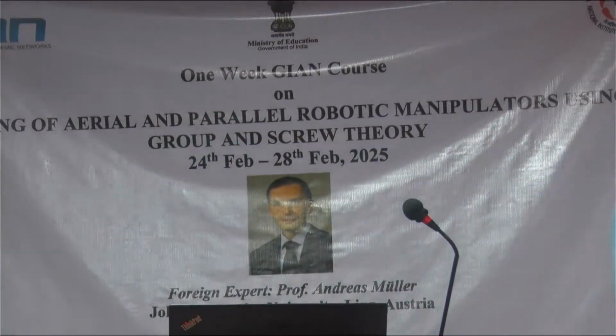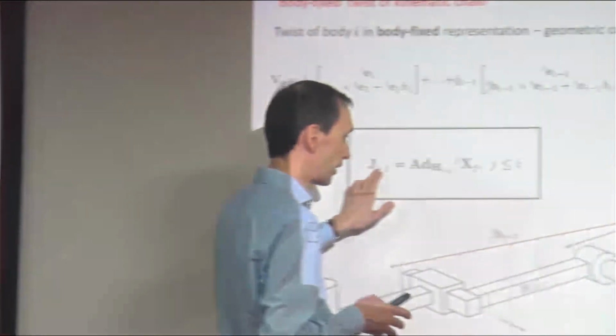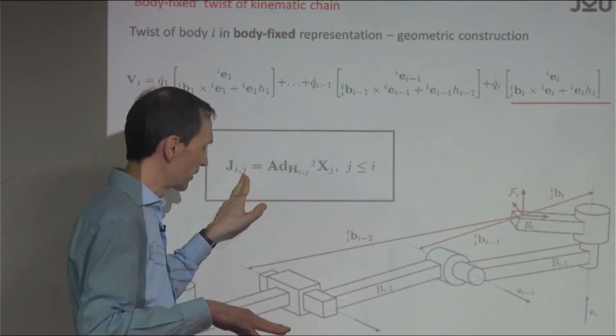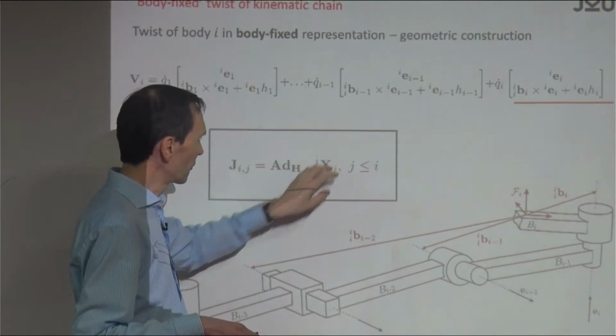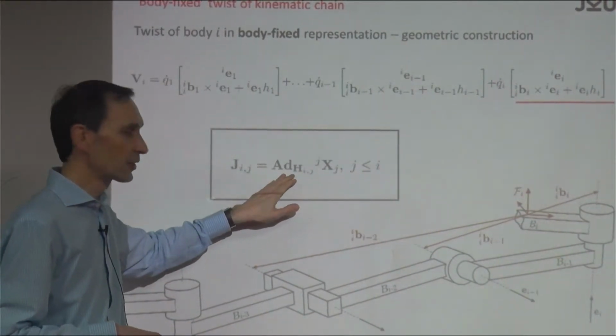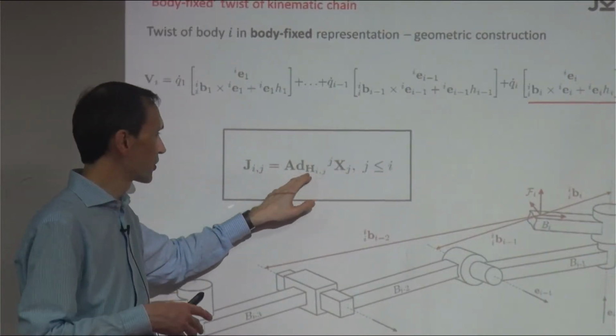Essentially, we take the body fixed screw coordinates of joint J to get the column J of the Jacobian of body I. So for the body I Jacobian, column J, I have to take the screw coordinate of the joint J, and then transform it according to this homogeneous transformation matrix.